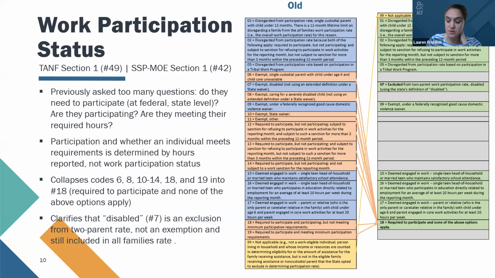So some of that work is going to be happening where we're just making that connection, but ultimately the goal is for it to be simpler for states and clearer for us so that we're all on the same page. So this is really one of the more complicated revisions that we made.